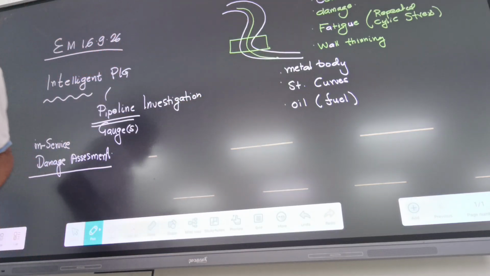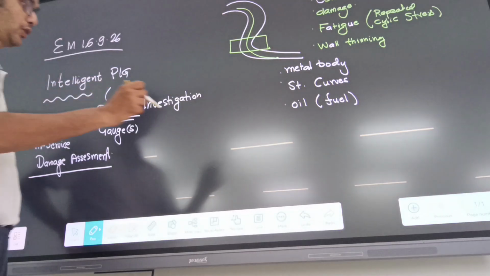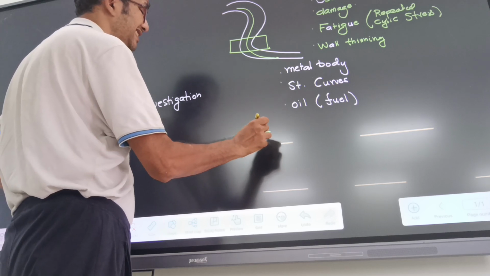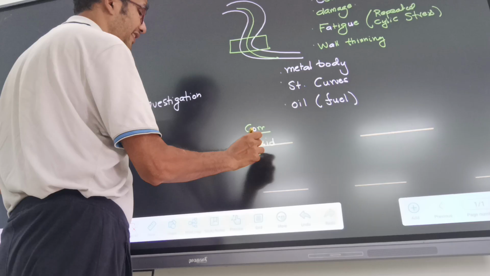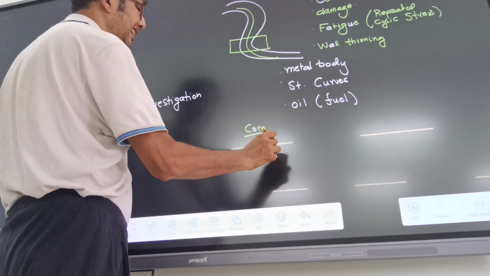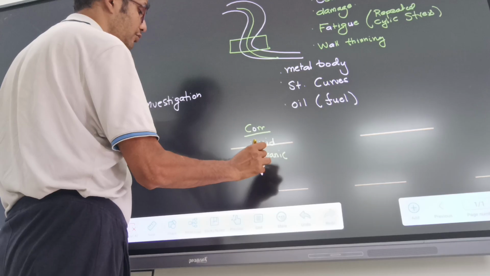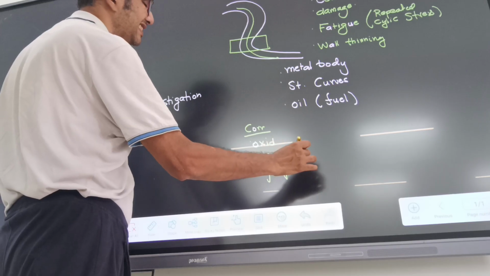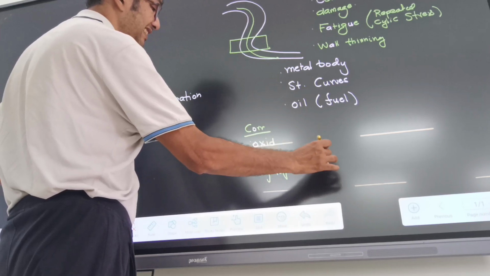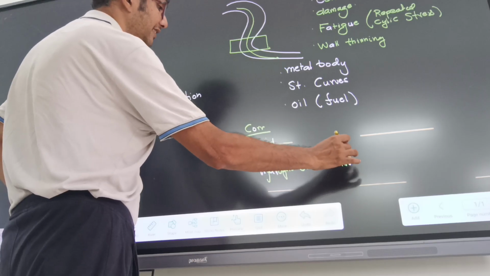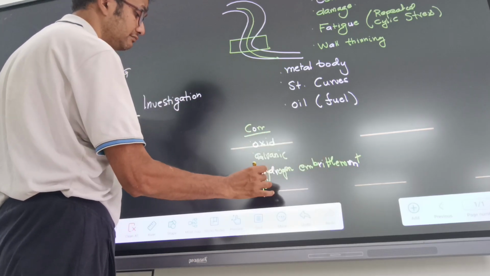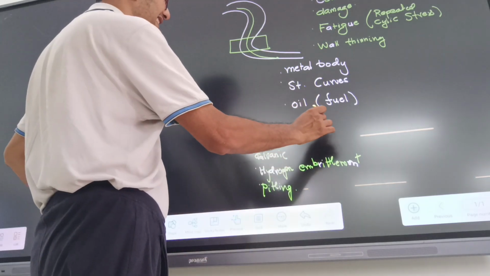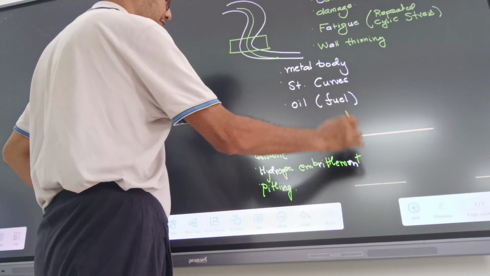There is pitting corrosion, the normal oxidation, galvanic corrosion, hydrogen embrittlement, and SCC, which is most important in this case, stress corrosion cracking.